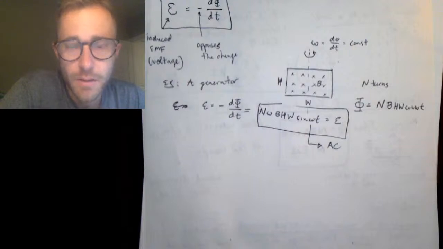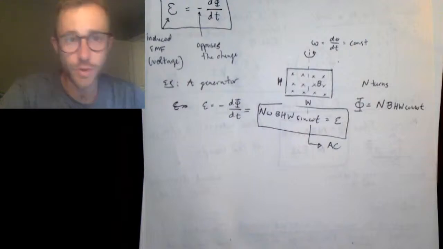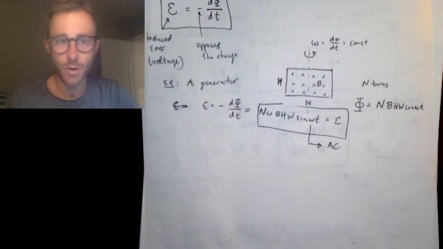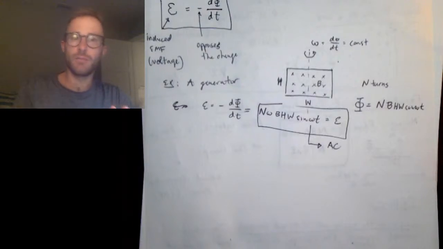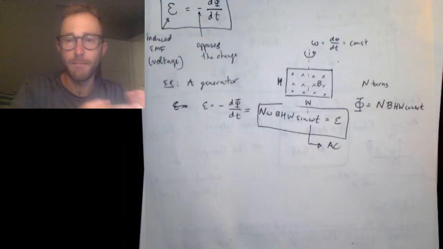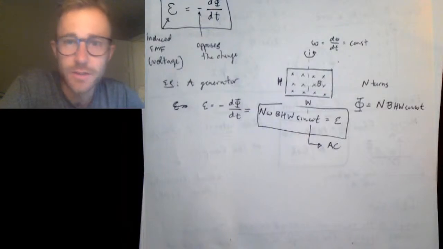The thing that spins that loop could be, if it's a coal plant, burning coal that spins the loop. That's where the energy comes from. If it is a hydroelectric plant, it's moving water that spins the loop. If it's a wind turbine, then it's moving air that spins the loop.